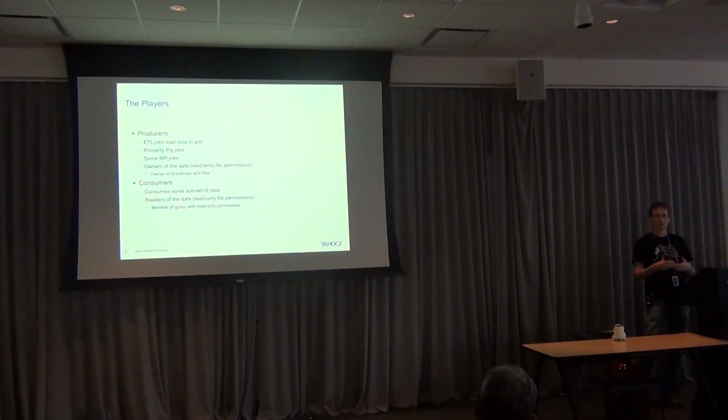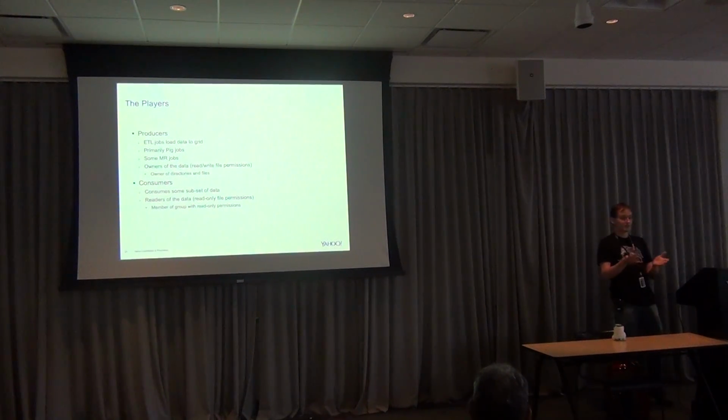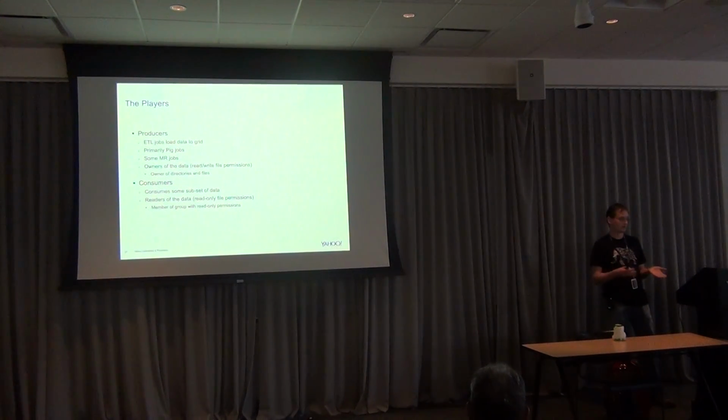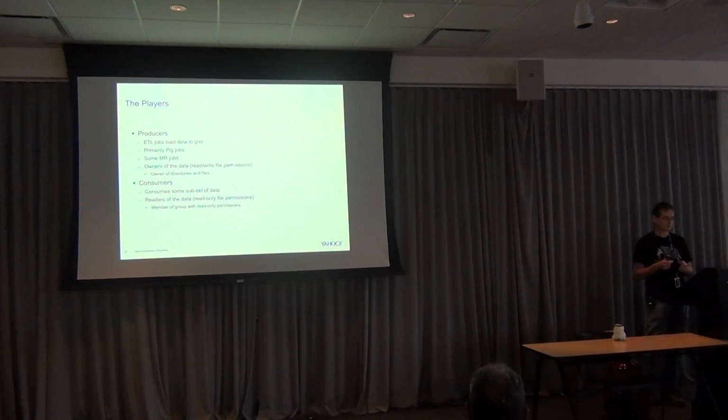These jobs are primarily implemented as Pig jobs with some MapReduce jobs as well. The groups who are running these jobs are responsible for the data. They're owners of the data, which means that they need to have read and write permissions on the HDFS directories and files.